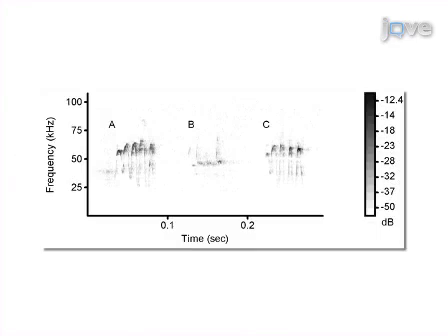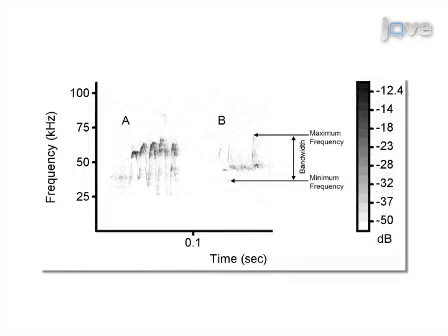In this example, frequency modulated vocalizations from the same rat are shown before induction of Parkinsonism, post-Parkinsonism induction, and after vocalization training. Compared to the baseline vocalization in panel A, the vocalization in the Parkinsonism condition in panel B shows a reduction in bandwidth, duration, and intensity.